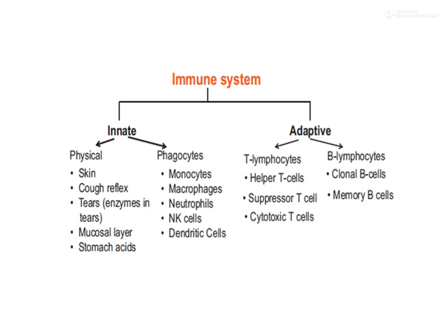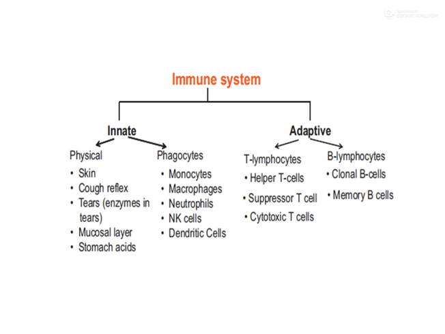Now, what is the speciality of this acquired or adaptive immune system? Each time we get exposed to a particular type of antigen or a foreign microbe, we get an immunity which is specifically against that particular antigen, and the memory of this response is always maintained within the body.